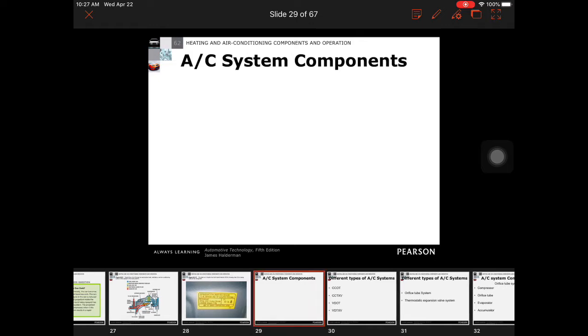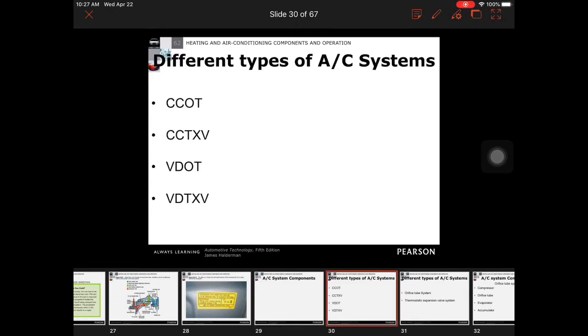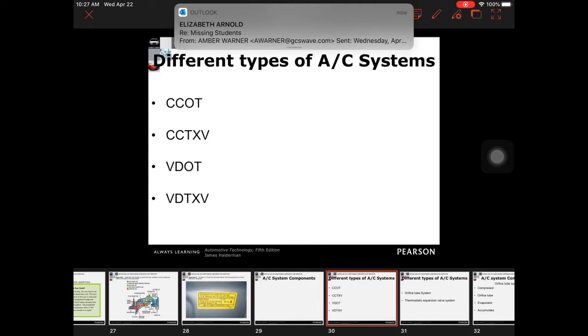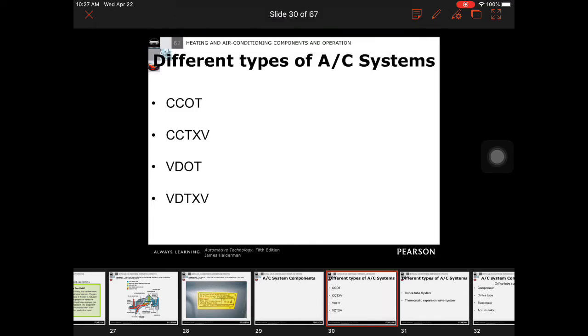So when we talk about different types of AC systems, you're going to see a bunch of different little acronyms like CCOT, CCTXV, VDOT, and VDXTV. To the untrained eye, these might seem like some type of STD or something.